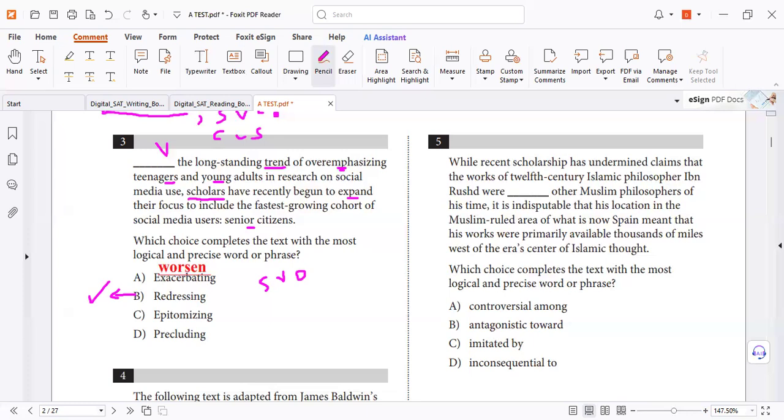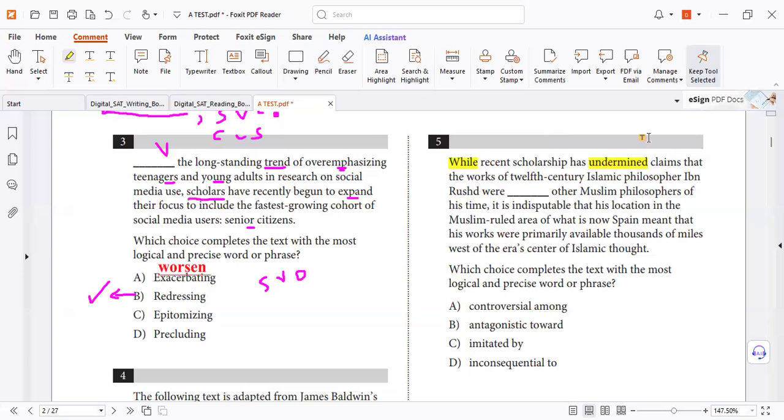No, follow the way. Let me help you. While. While. You compare between two opposite things. While recent scholarship has undermined. Undermine. You ignore something, you don't care.